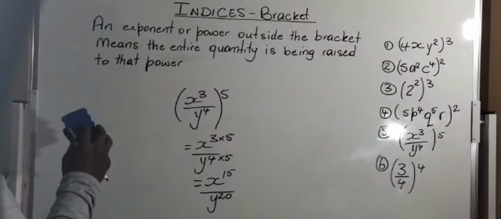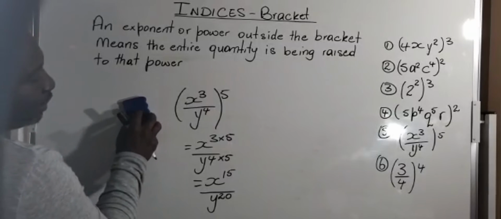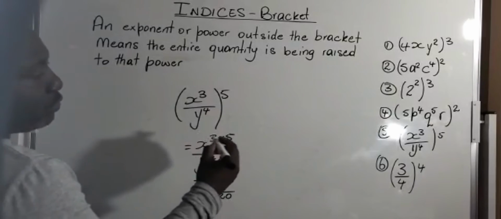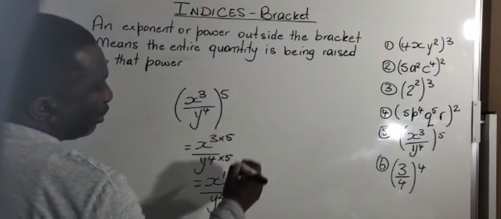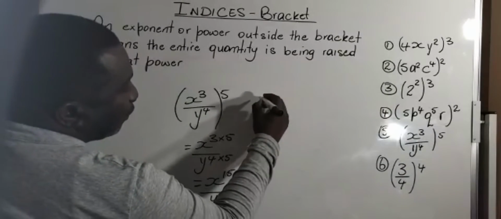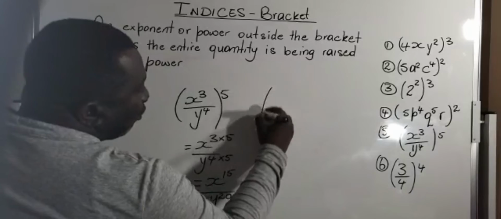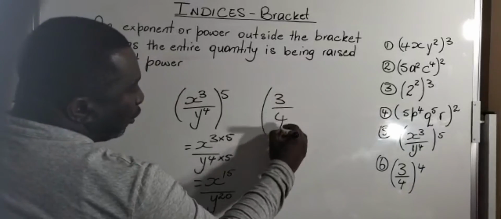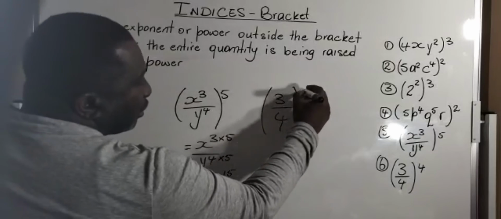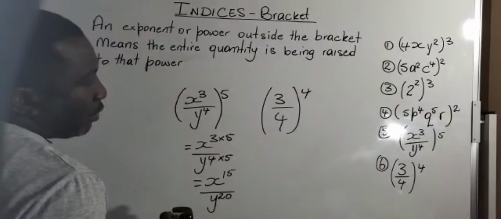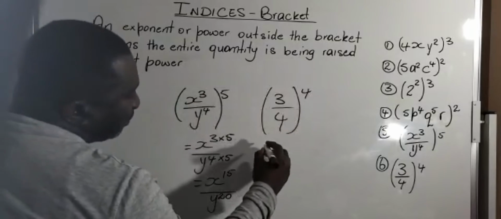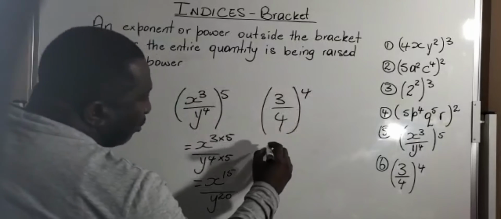Now I'm going to look at number 6. Maybe some persons are still writing, so I'm going to do number 6 a little away from number 5. Open bracket, 3 over 4 is being raised to the 4th power. Again, remember that this is the same as writing 3 to the 1st power, which gives us the same number.